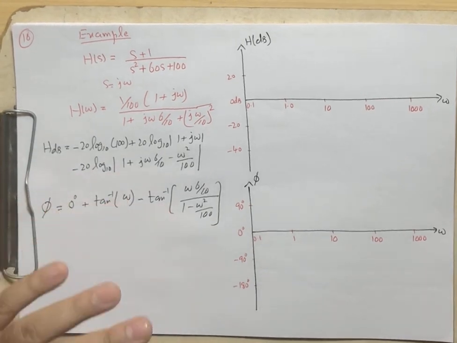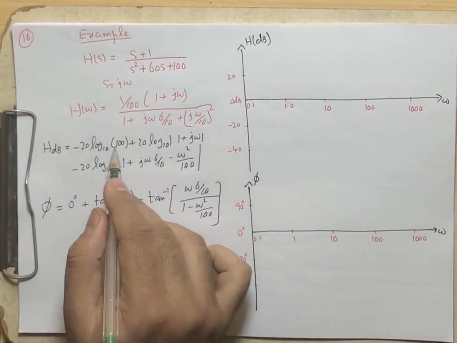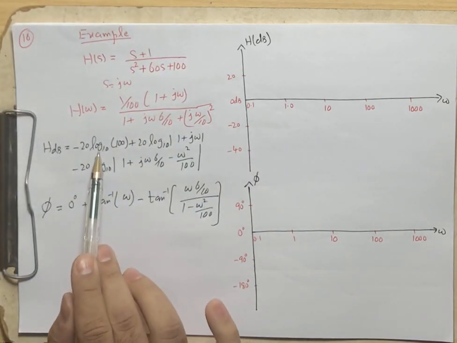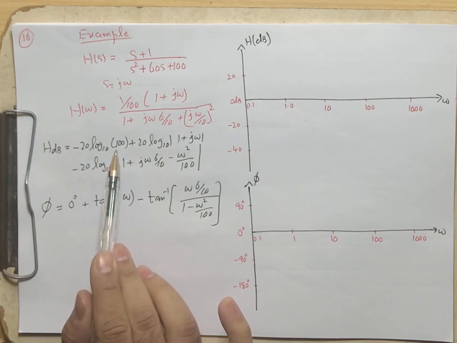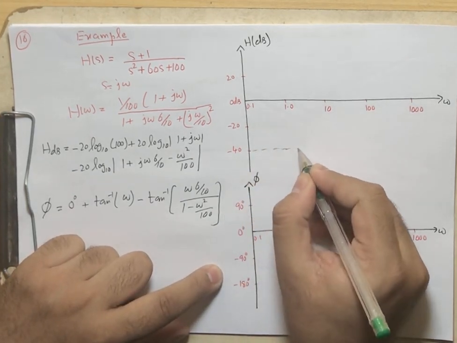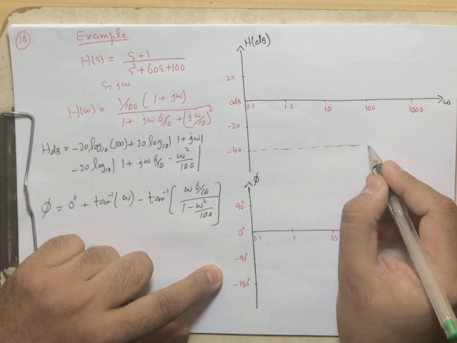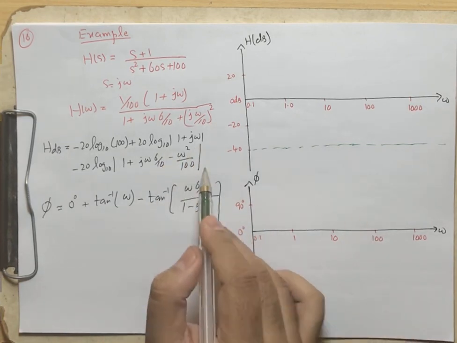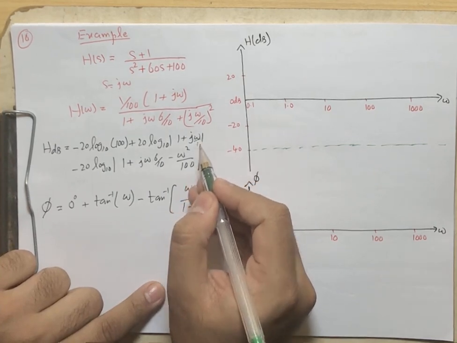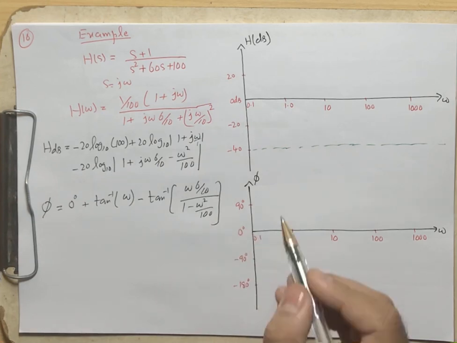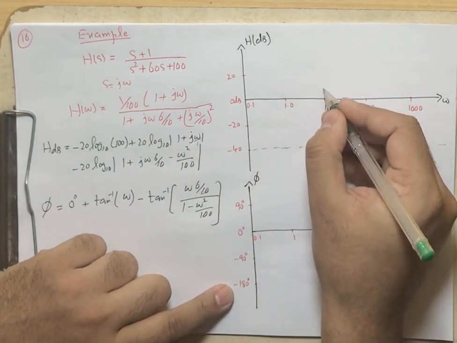So now I'm going to plot them. For the whole constant term, log 10 of 100 is equal to 2, so 2 multiplied by minus 20 will be at minus 40 dB. You have a straight line over here. For the term 1 plus j omega over 1, you will have 0 at omega equal to 1, so it will start from 1 and 10 and so on.